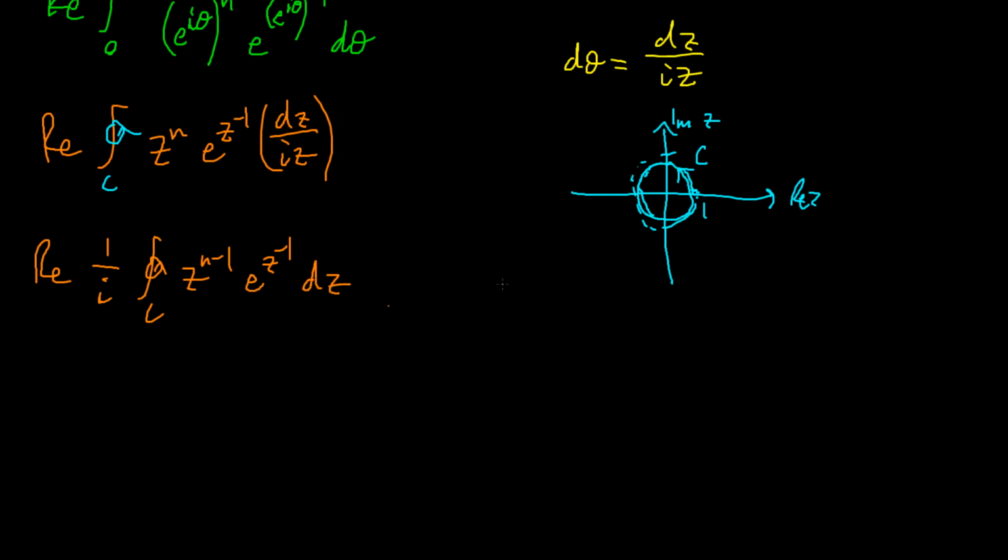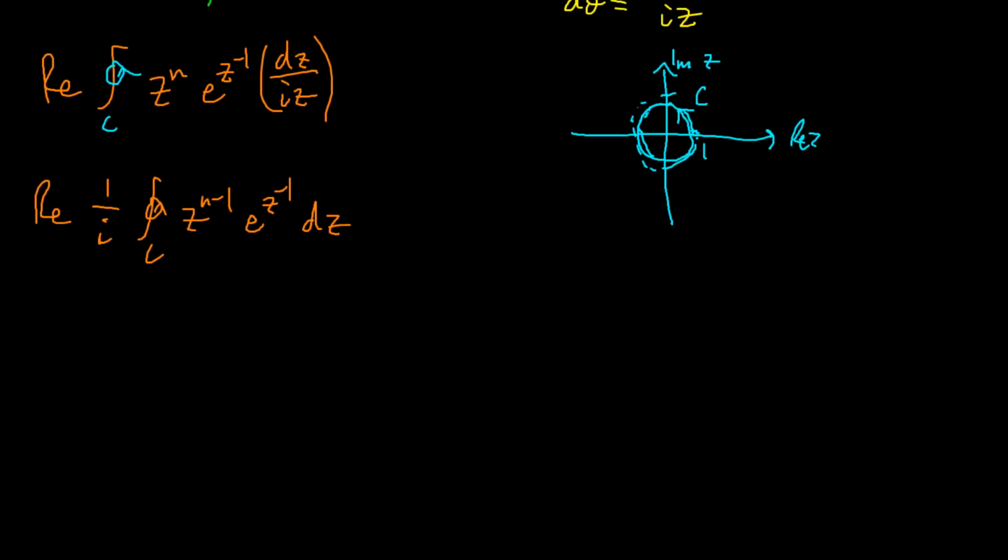Next step is to ask, what values of z can I not plug into this integrand? I'll give you a little hint. z to the power of -1 is 1 over z. We cannot plug in 0 for z because otherwise it would blow up this integrand.